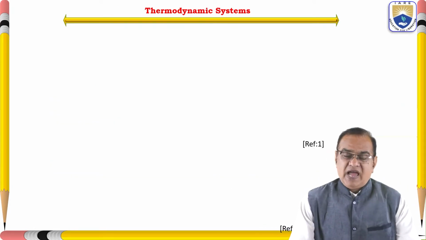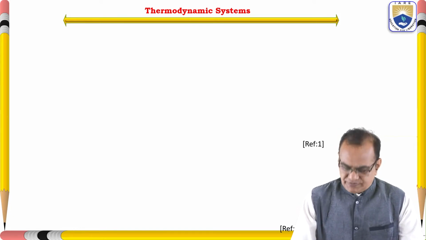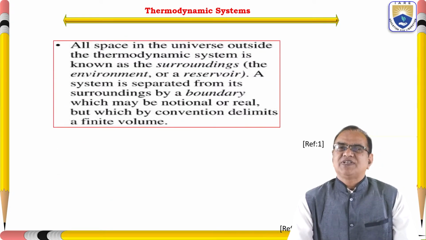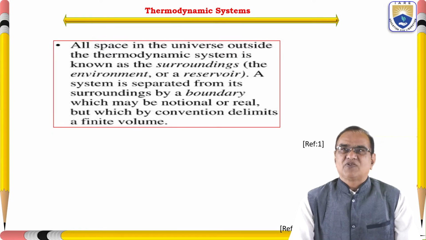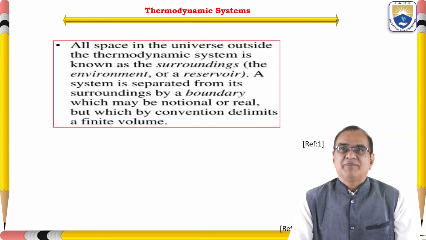Next, further I am going to elaborate on thermodynamic systems. All space in the universe outside the thermodynamic system is known as the surrounding, the environment or the reservoir. A system is separated from its surrounding by a boundary, which may be notional or real, but which by convention delimits a finite volume.